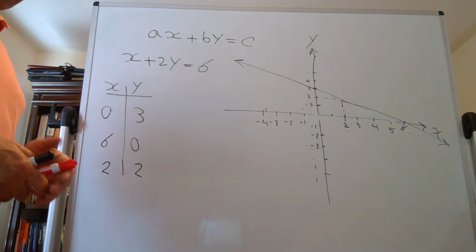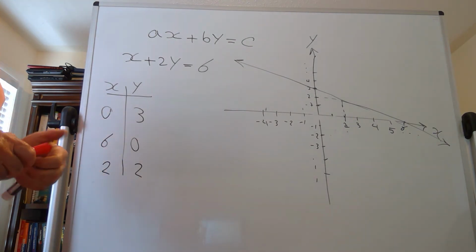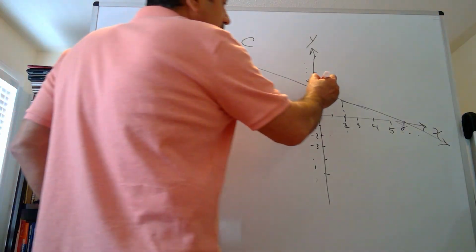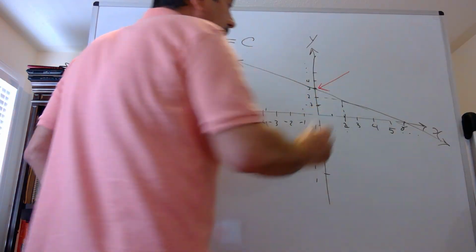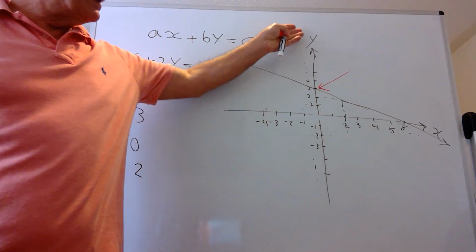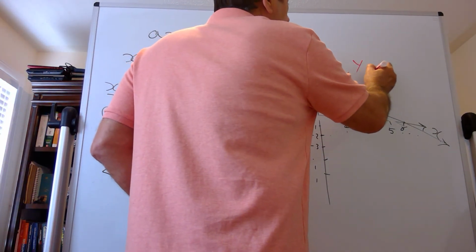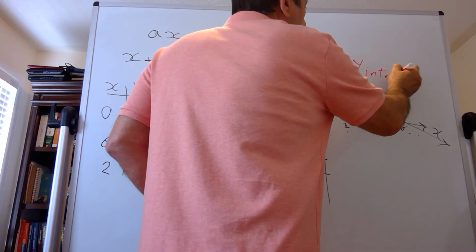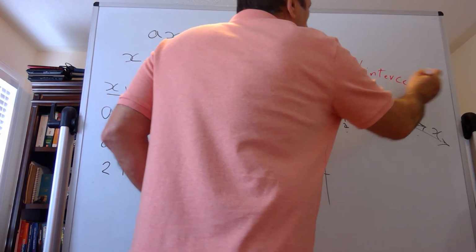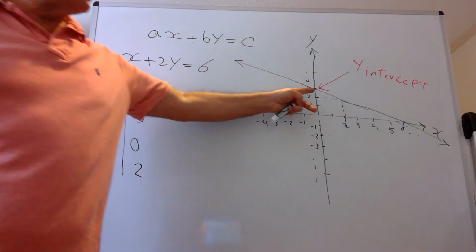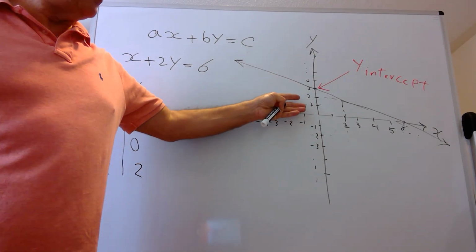Now, one thing before finishing this video: the point where the line crosses the y-axis, we call it the y-intercept.